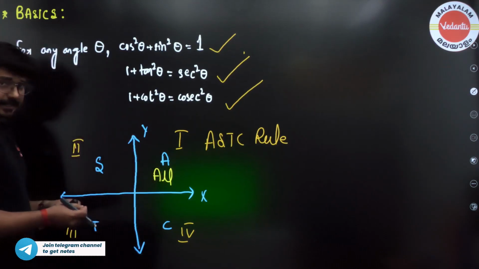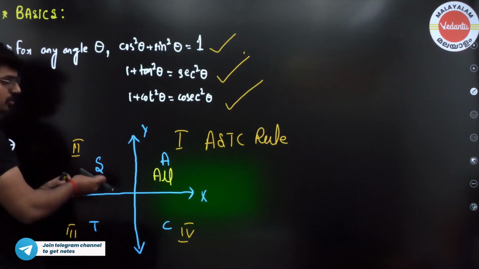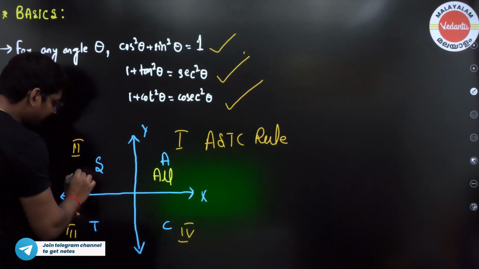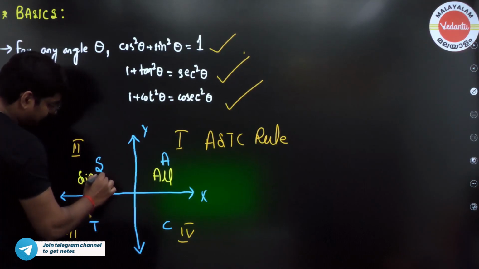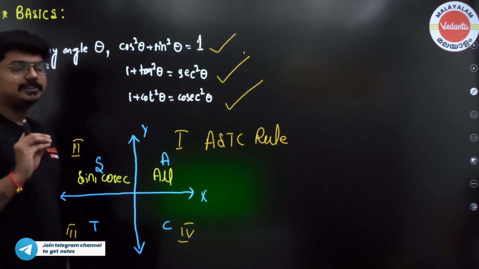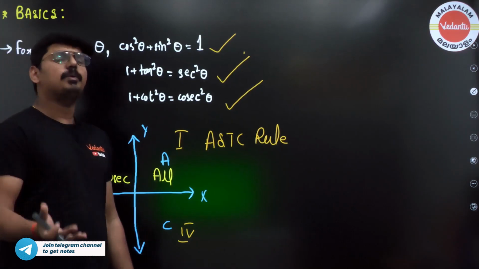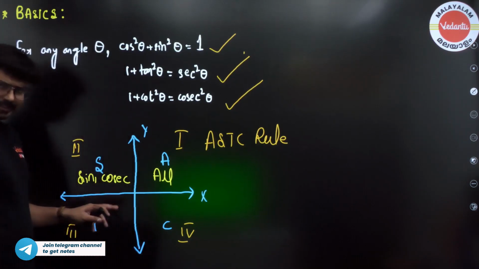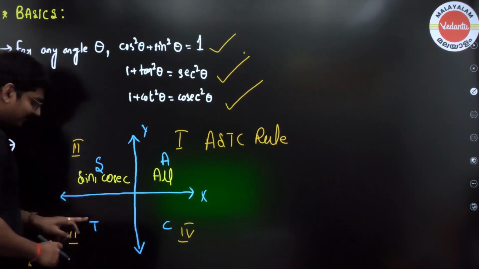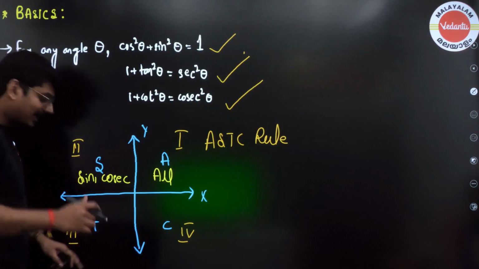But let us say that your angle is going to be in the second quadrant. In that case, only sine and cosecant are going to be positive. Remember this. Only sine, and the reciprocal of sine, which is cosecant, is going to be positive.